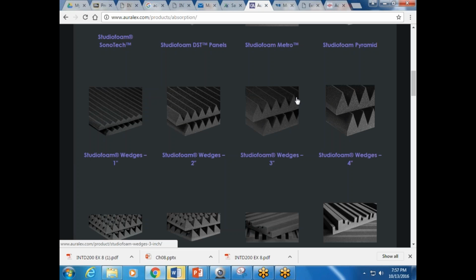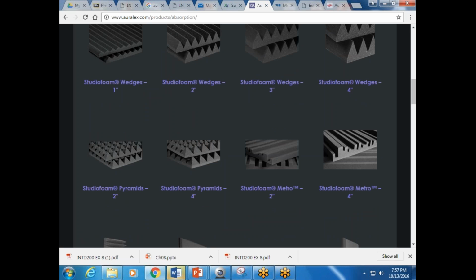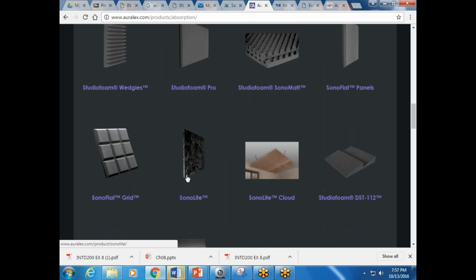I know that they have beige, black, green, red, blue, but you'd be surprised how little variety most companies offer in the area of studio foam. Lots of shapes, which we'll see kind of in the Toyota article that I talked about earlier. So lots of shapes. Now, they also do Sonolite clouds, which I showed you last week, Armstrong's product.